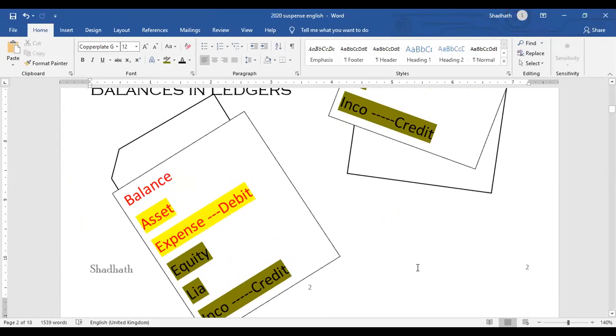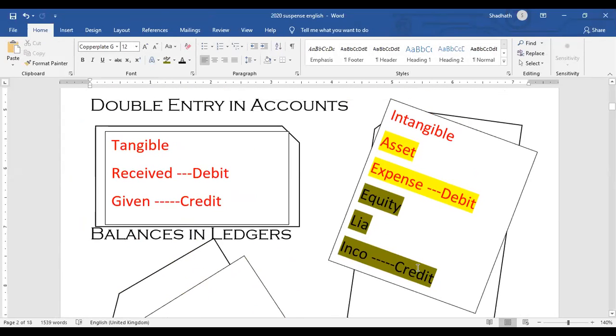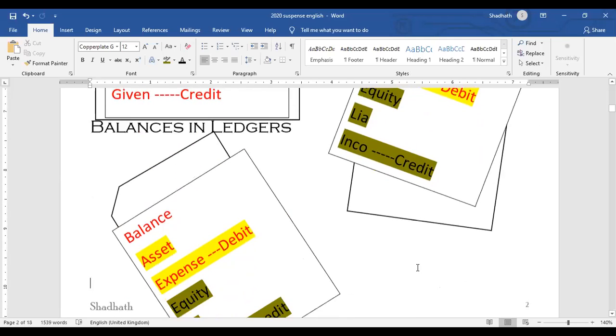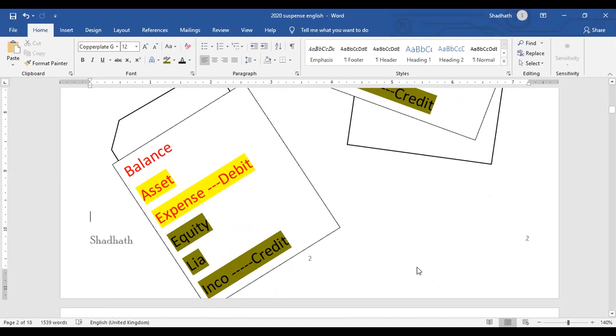For balance and intangible, the same rule we have to apply. Asset, expense, debit; equity, liability, income, credit. Okay. Anyone have doubt?